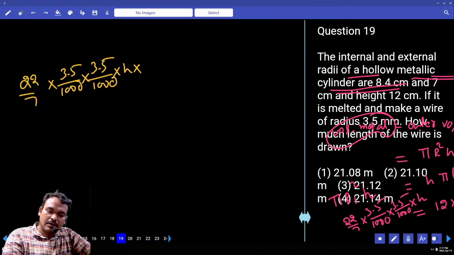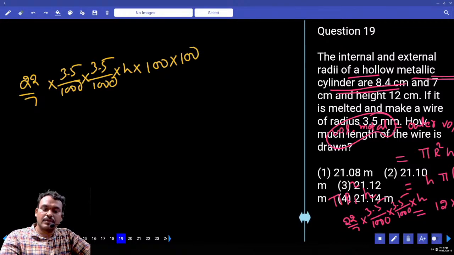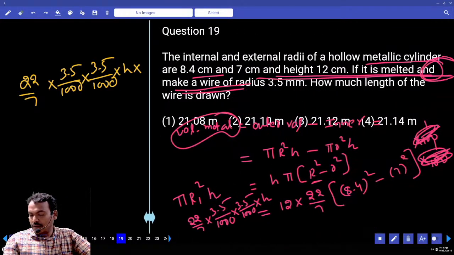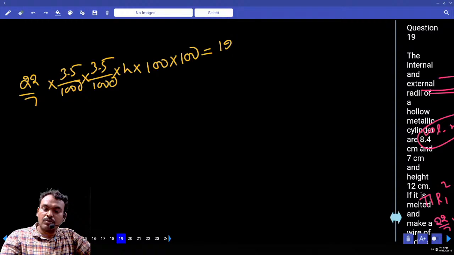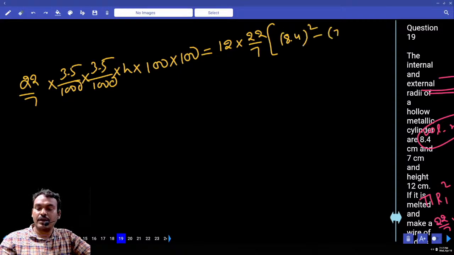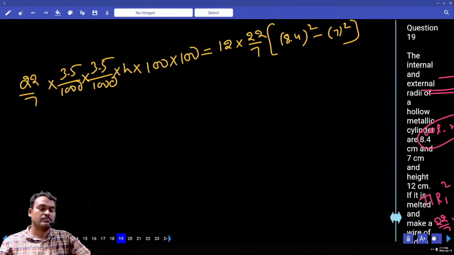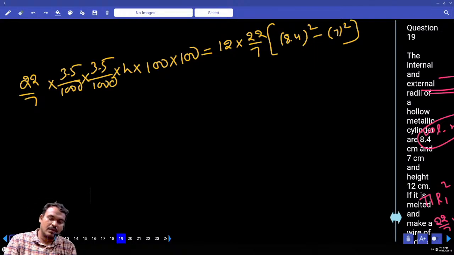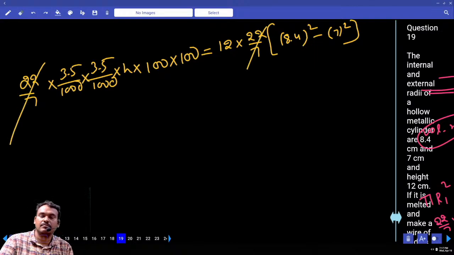Then the left hand side 100 into 100 is equal to 12 into 22 by 7 into (8.4 square minus 7 square). Simplify this and we get the H value, because 5 is already cancelled and we do not get the 11 multiple.